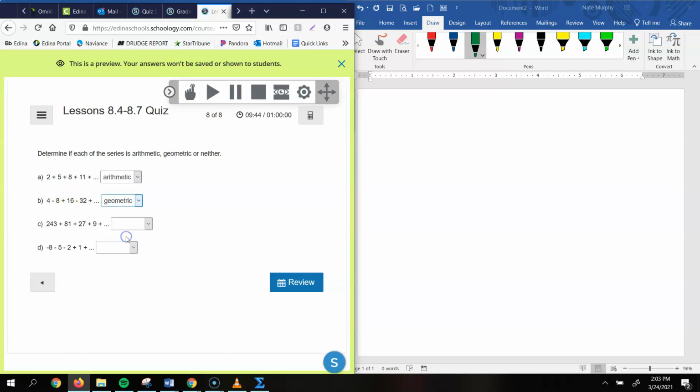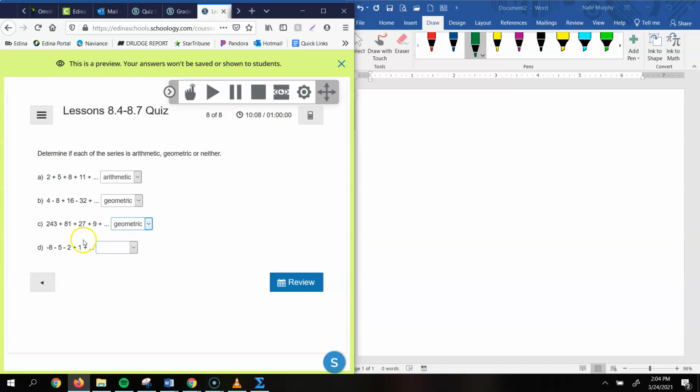So that is geometric. For this one, if you're not sure, we could take 81 divided by 243 and you get 0.3 repeating. Or 243 divided by 3 would be 81. 81 times 1/3 is 27. 27 divided by 3 would be 9. So here, this is geometric. We're multiplying by 1/3 each time.